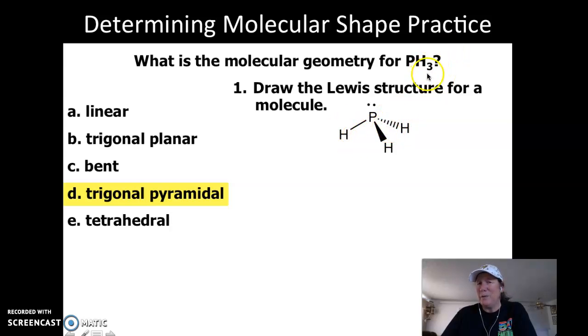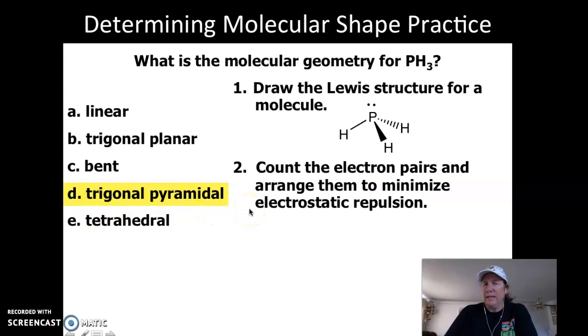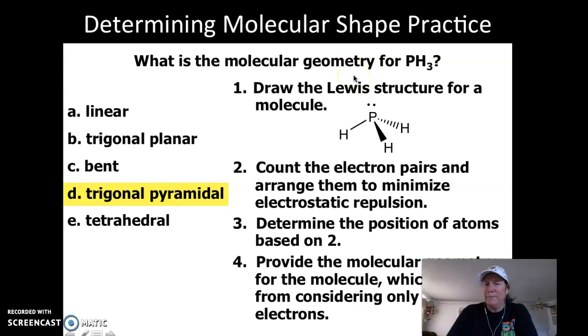You can kind of tell what's bonded just by the formula. So there's 3 bonded, but look at this lone pair. Phosphorus has 5 electrons, so it'll bond 3 and then I'll have 1 lone pair. So 1 lone pair and 3 bonded tells me it's trigonal pyramidal. Again, you count the number bonded and look for lone pairs, and that tells you the shape.